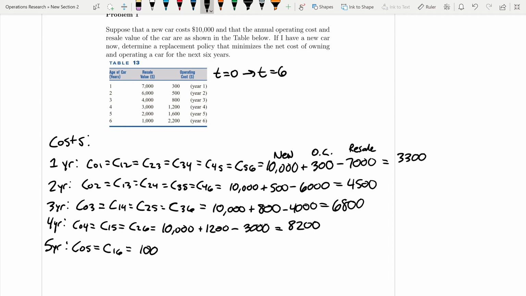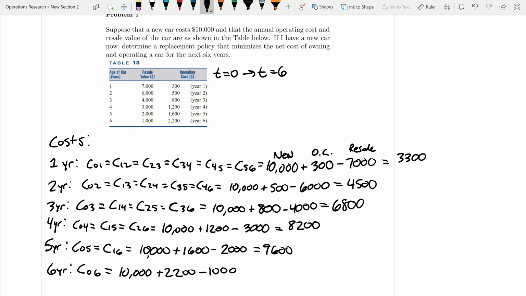And that's going to be $10,000 for the car, plus 1,600 operating costs, minus $2,000 for that resale. That's going to be $9,600 for an overall cost. And then lastly, if we keep the car for all 6 years, we're going to have $10,000 plus $2,200 for the operating cost, minus a $1,000 resale. And that's going to give us a cost of $11,200.